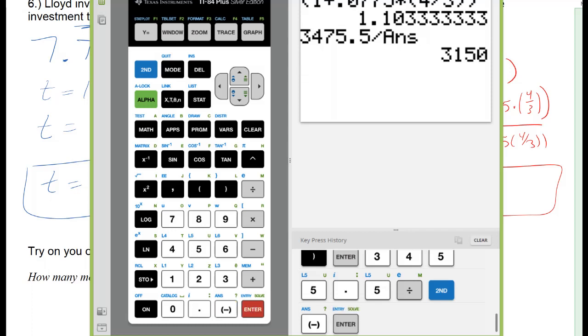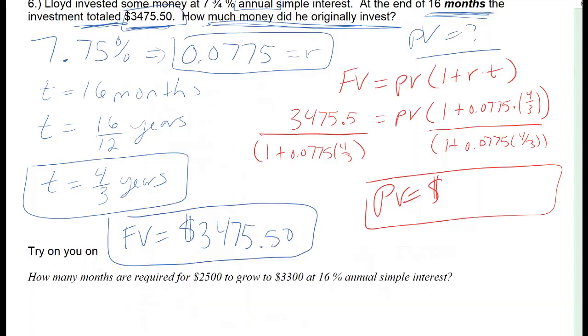And it'll give me the same answer, 3,150. So my answer is 3,150 exactly. The biggest thing is do not round until the problem is over. A lot of times there is no rounding if you do it right. So the biggest thing with these is to make sure you're careful how to type them in the calculator.